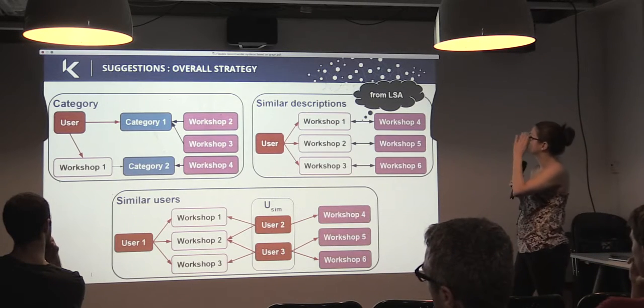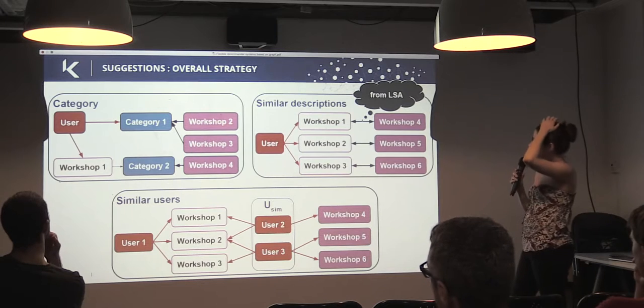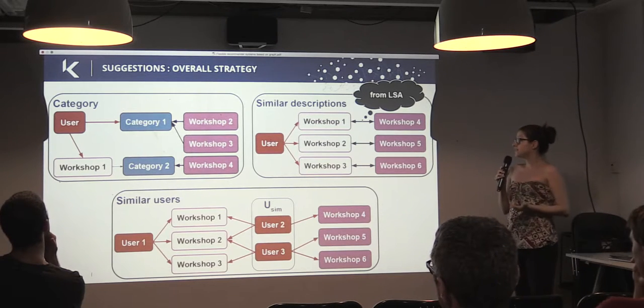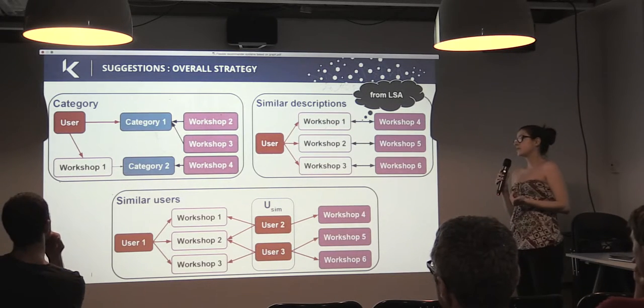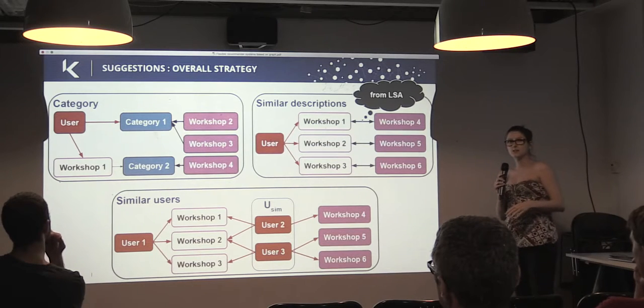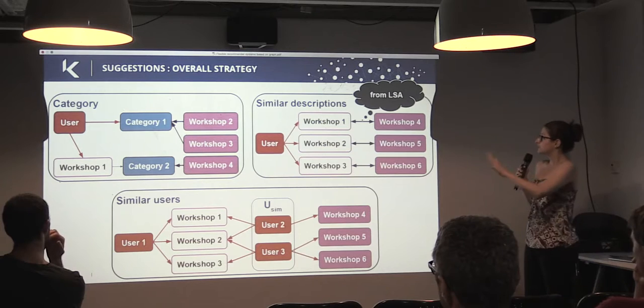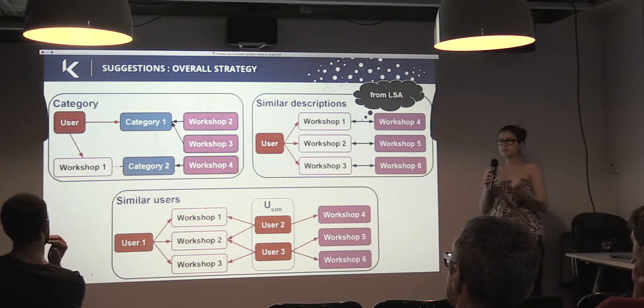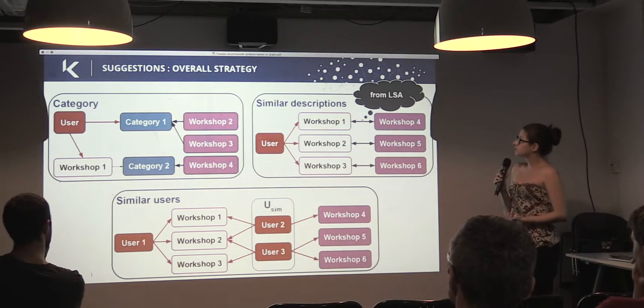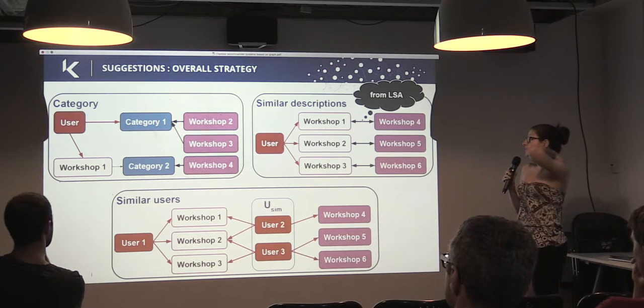So, to perform our recommendations, we chose to mix 3 complementary strategies. I will explain at the end why those strategies are complementary. And each of these strategies corresponds to a single query to the database, as I said before. The first strategy is the one we call category-based.